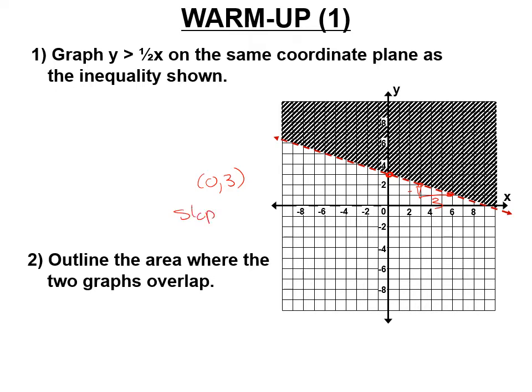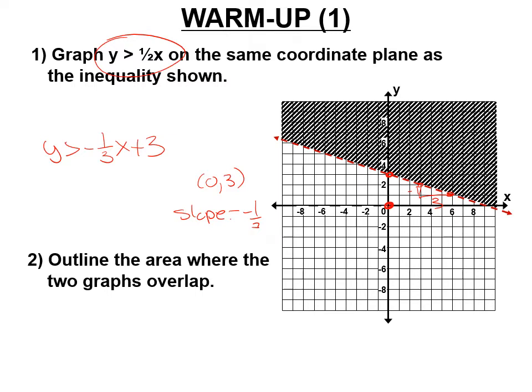And so that one right there is y, and notice it's shaded above the line, and it's a dashed line. y is greater than negative 1/3 x plus 3. And we're going to graph y is greater than 1/2 x on the same coordinate plane. Okay, so the y-intercept of that is (0, 0), and the slope is positive 1/2.